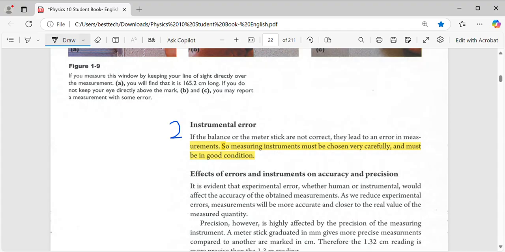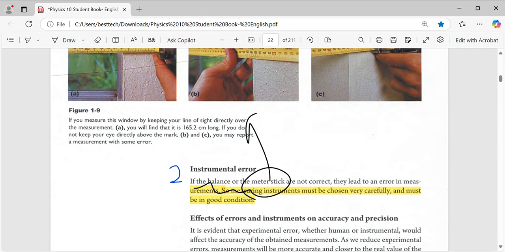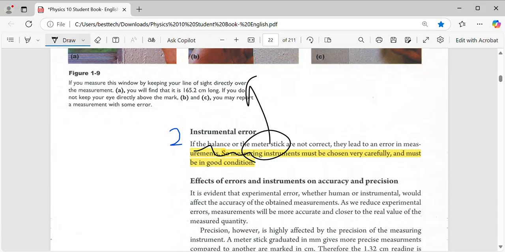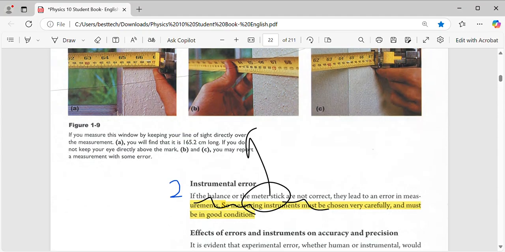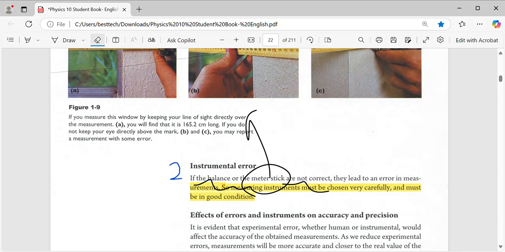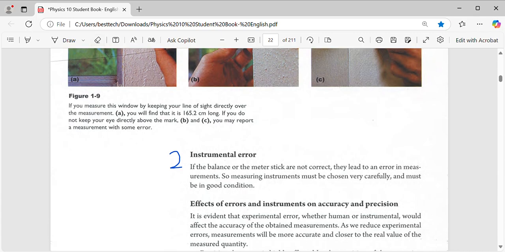For example, look, this is a meter stick, this picture. If the balance or meter stick is not corrected, maybe this meter stick is not right, even if you want to measure the distance, of course you get a wrong answer. So if the balance or meter stick are not corrected, they lead to error in measurement.